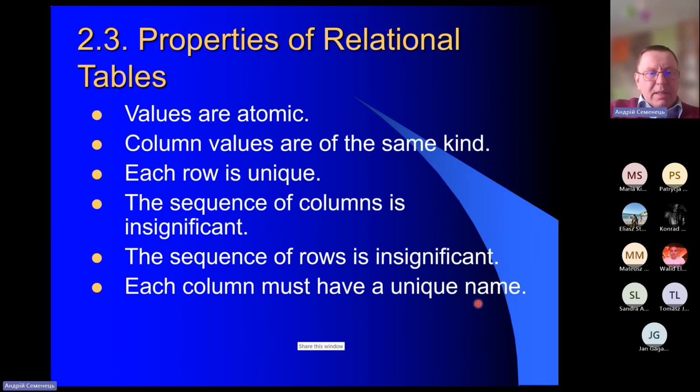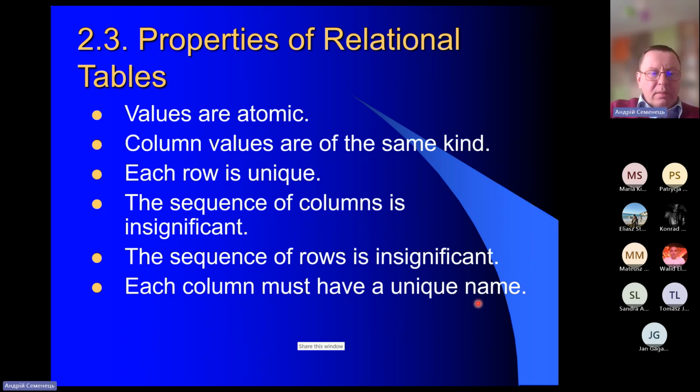So here are the major properties of a relational database. Values should be atomic. Actually, it's already broken with JSON values. So in terms of implementing an EHR solution, sometimes fields could store a non-atomic value.